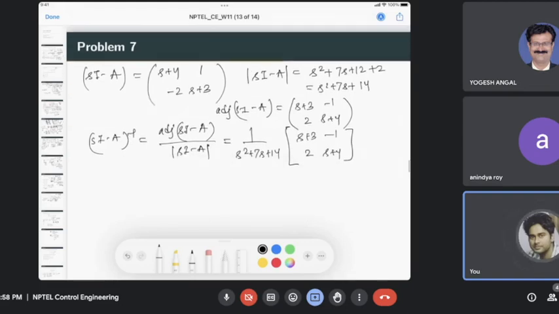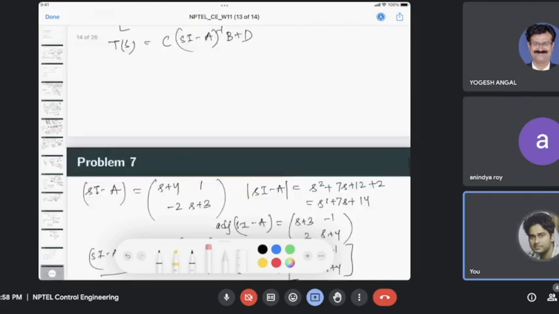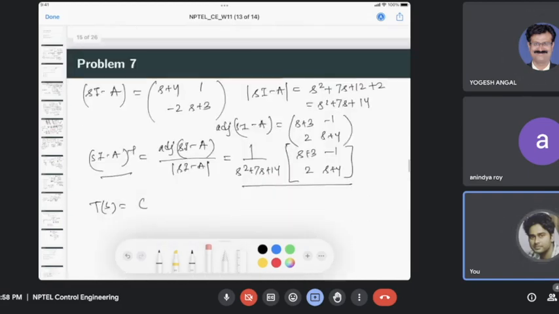Then the transfer function will be: we multiply C into this term. So I'll write the C value also. C is 1 and 2.